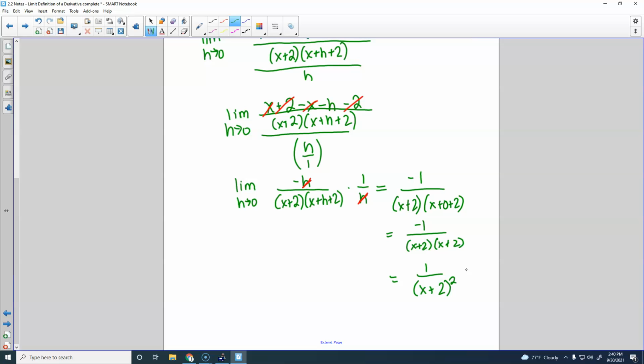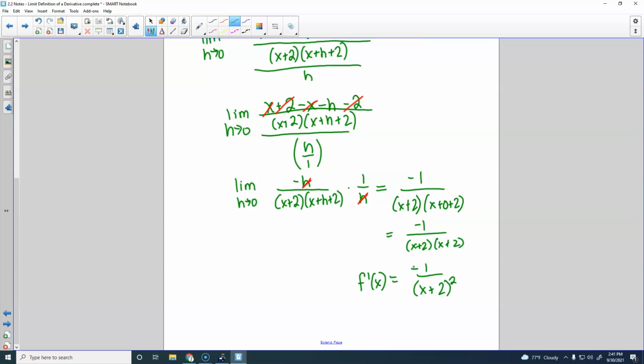It is almost the same as number 21, except we had a negative 1 instead of a positive 2 there. So this is our f prime of x. It takes us a long time to get there, but we've got our derivative. Oh, yes, sorry. I lost the negative there.